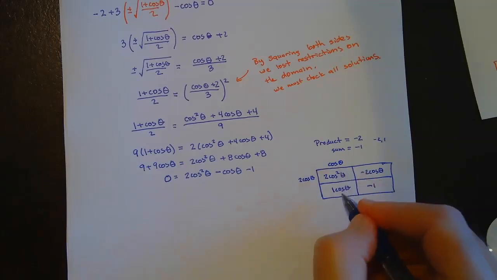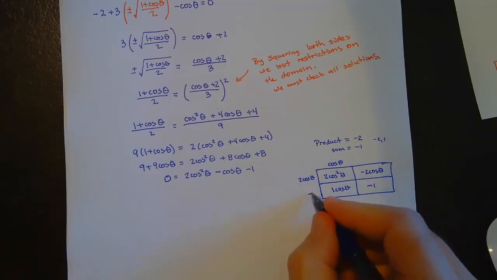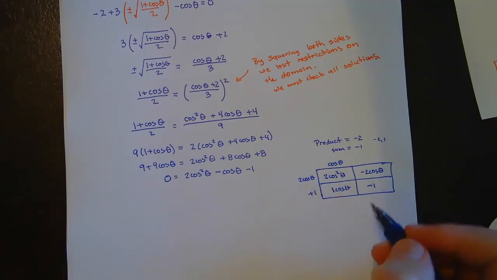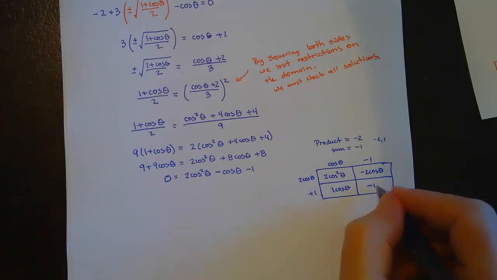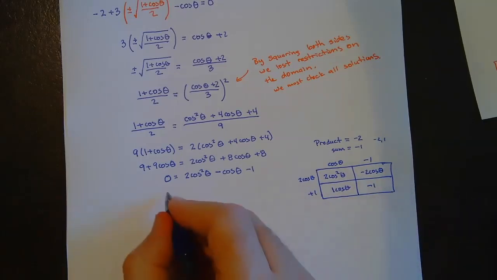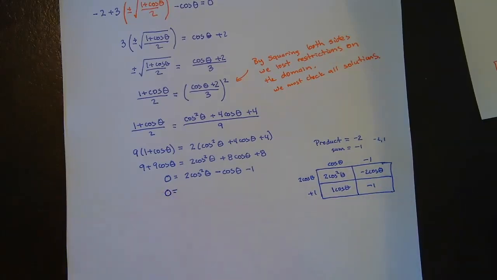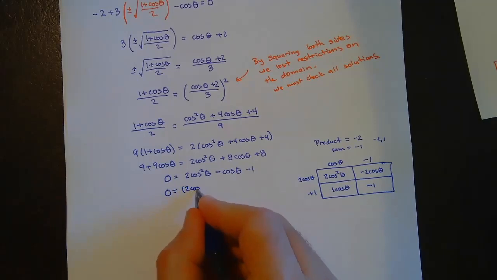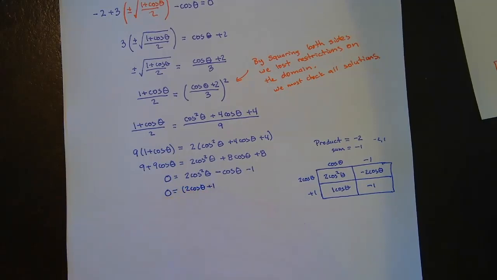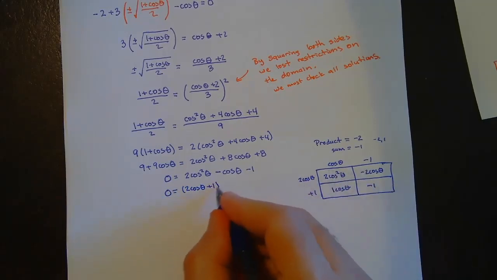And then cosine theta times what would give you 1 cosine theta? It'd be +1, right? And 2 cosine theta times what gives you -2 cosine theta? -1, right? And then -1 times +1 gives you -1, okay? So this is zero equal to, and this would factor into 2 cosine theta plus 1 and cosine theta minus 1.